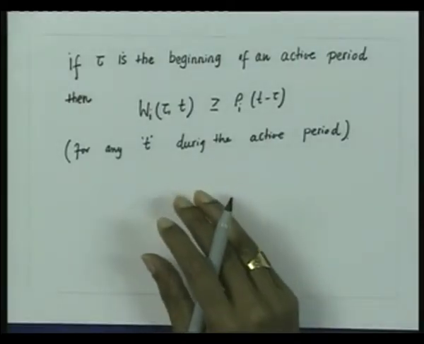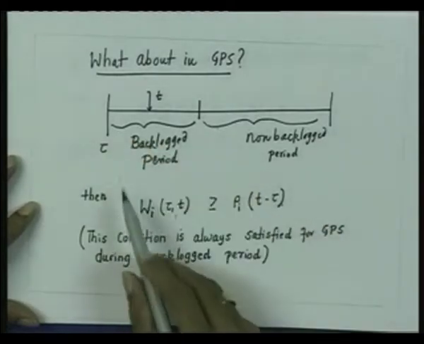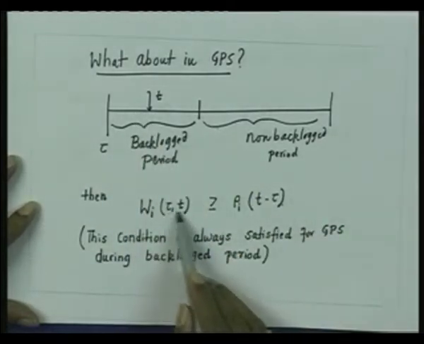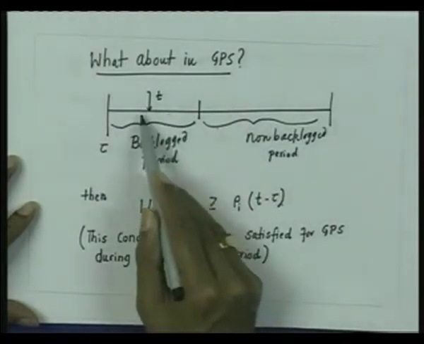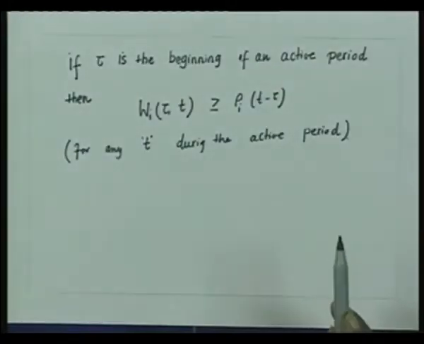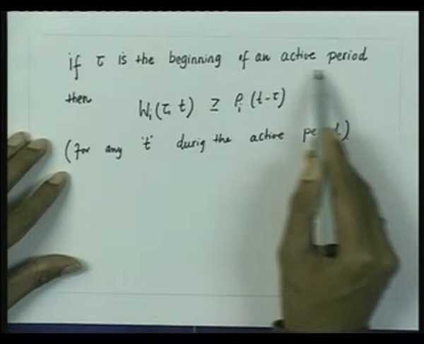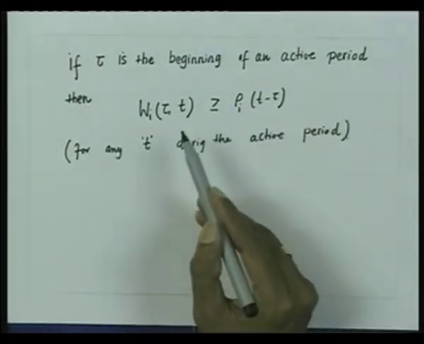On the other hand, as we had seen, in the case of a GPS server this result will hold true for any interval tau to t which is a subinterval of the backlog period. But this result does not hold good for the rate proportional servers. However, for rate proportional servers, if tau is the beginning of an active period, then this result will hold good.